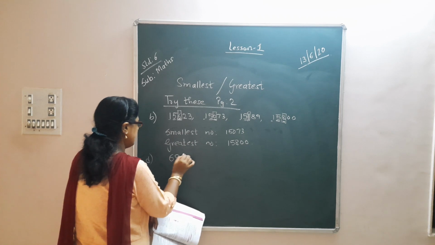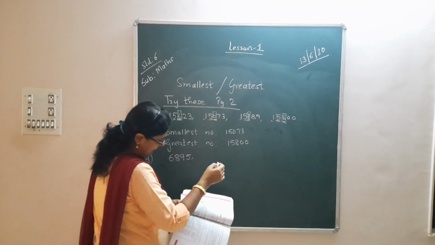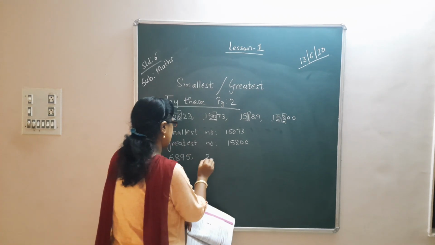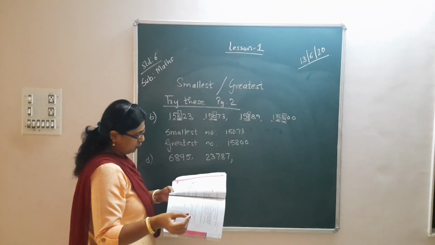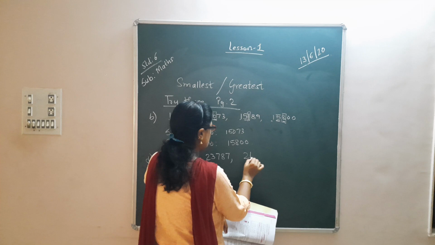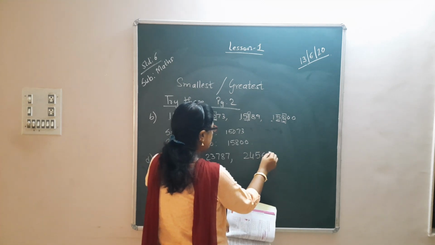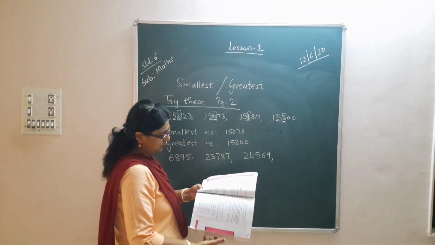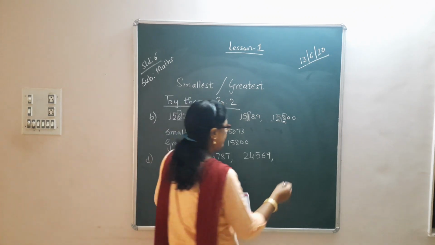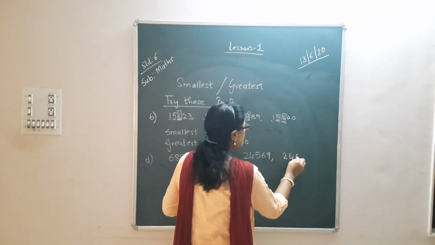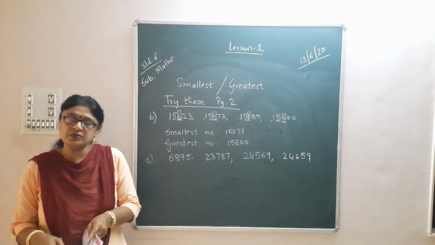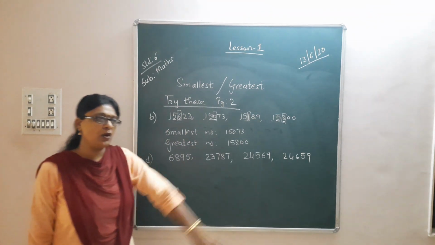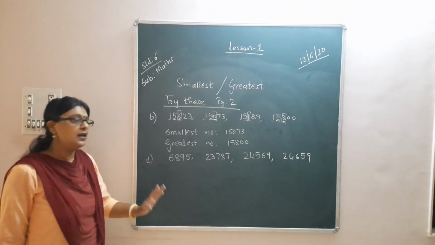Okay. Now see the next one, that is the D. 6895. Then 23787. 24569 and 24659. Now we have to decide which is the smallest and which is the greatest. So again we go ahead with the first step of counting the digits.